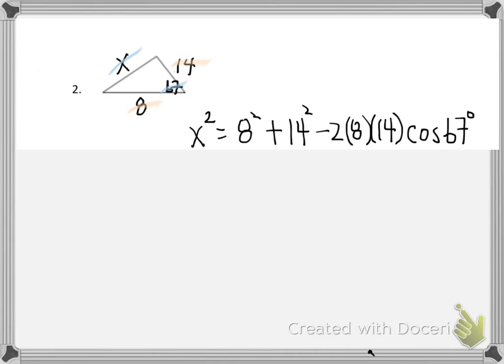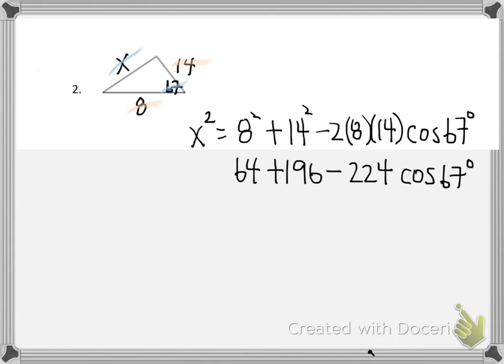8 squared is 64. 2 times 8 times 14 is what, 224? So 64 plus 196 is what, 260, minus 224 times cosine of 67.